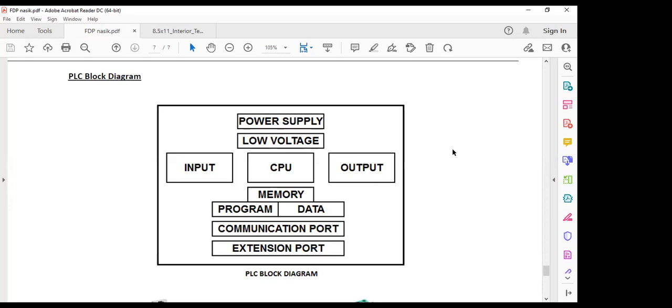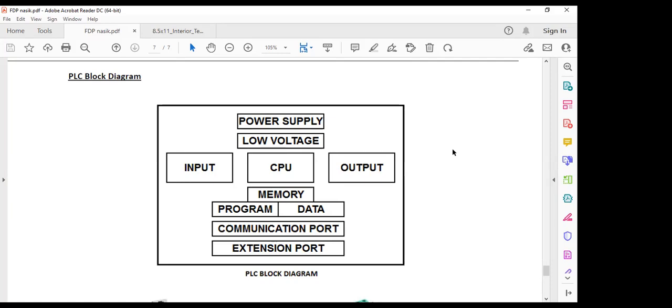Analog input means the temperature transmitter, flow, level, light intensity, luminous intensity. Such analog inputs or analog transmitters we cannot connect to PLC input directly. Analog output also we cannot connect to the PLC output terminal.